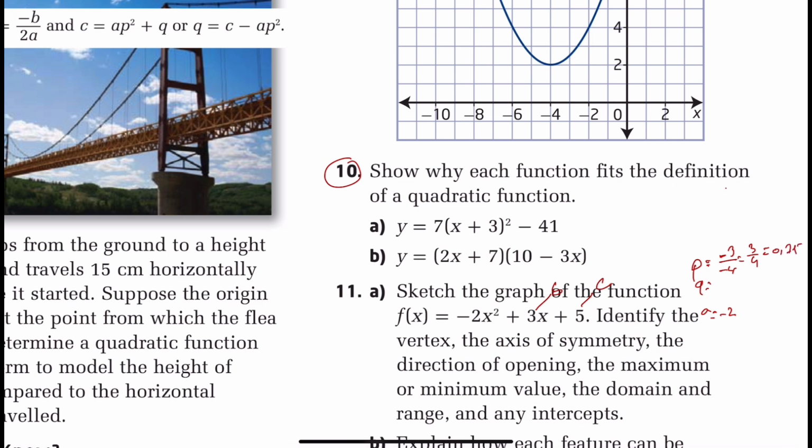Okay, so I have 0.75. My Q is C minus AP squared.